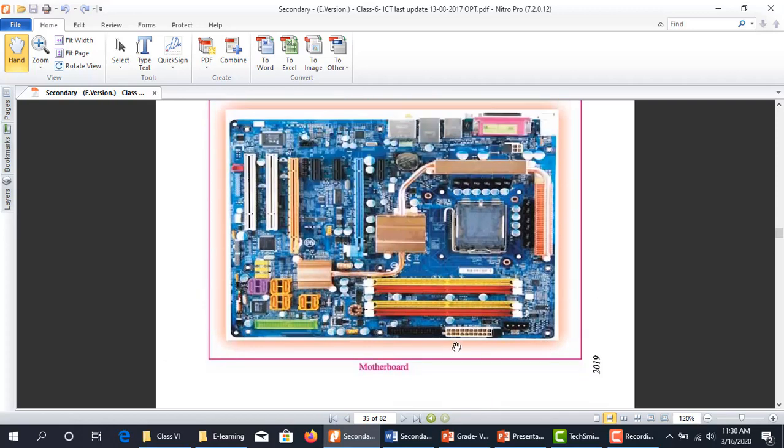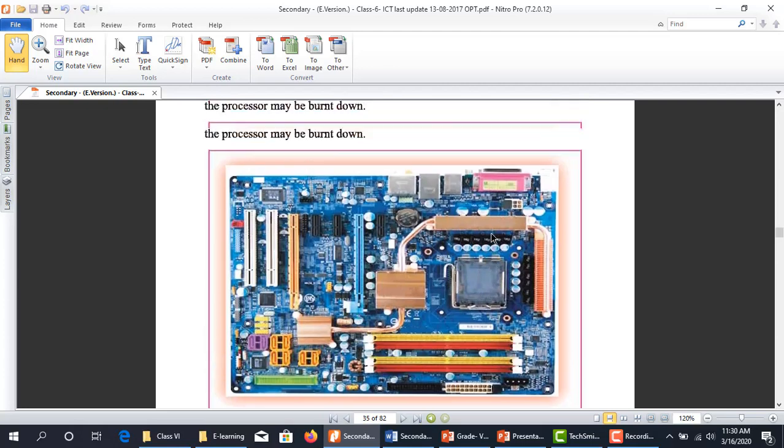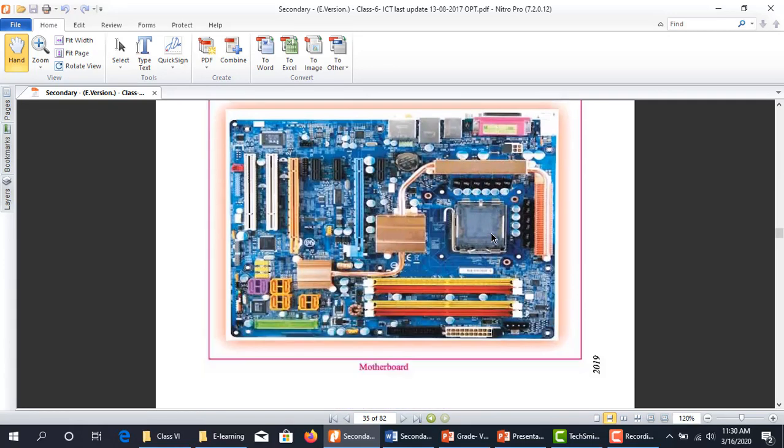So in the motherboard of our computer, there is one device, the processor. I have already given you some information about the processor. When you work, you need a cold environment. When it becomes hot, you cannot work, you cannot study.